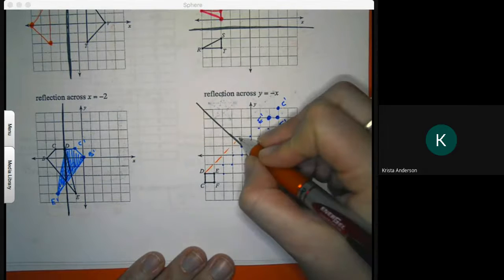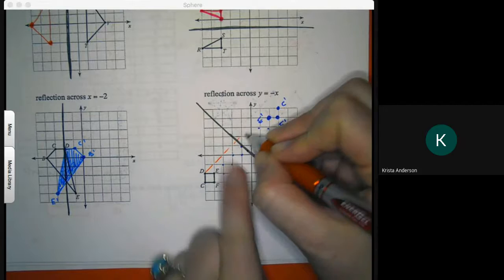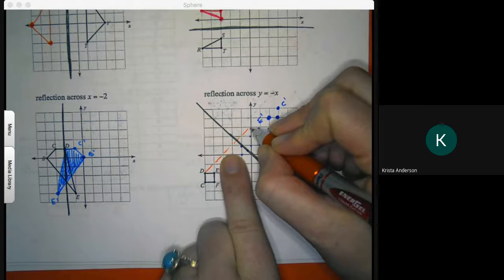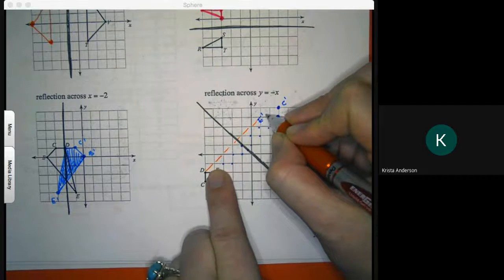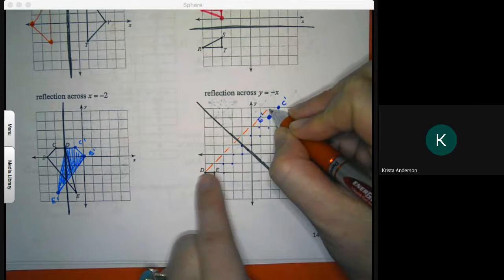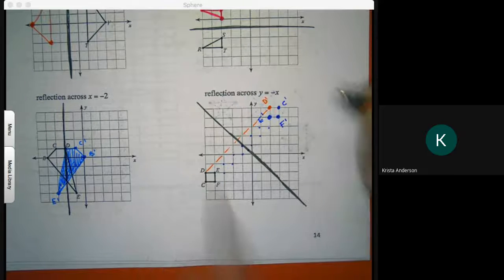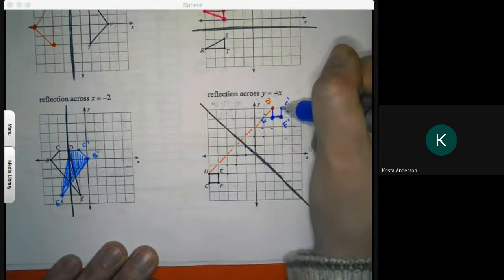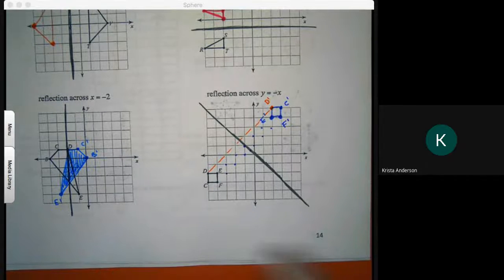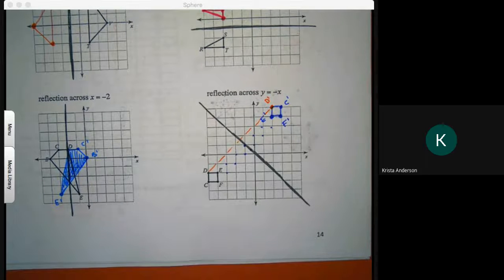So I would go a half, 1, 2, 3, and place the D. And it has been reflected over our line.